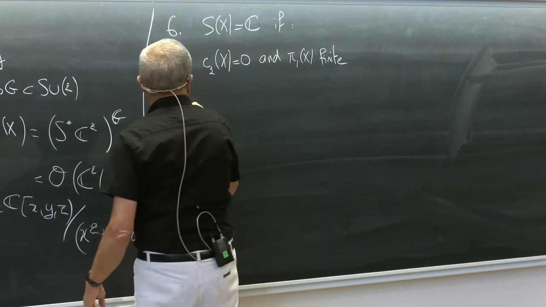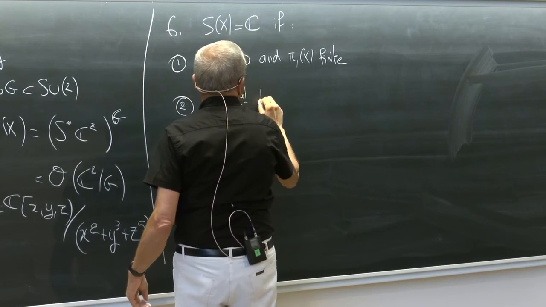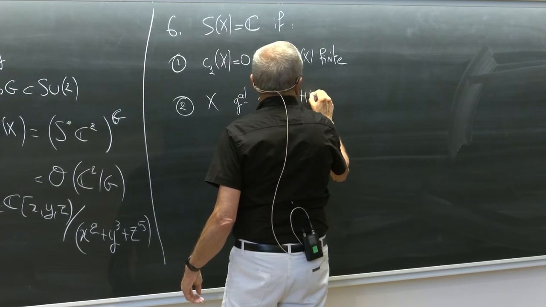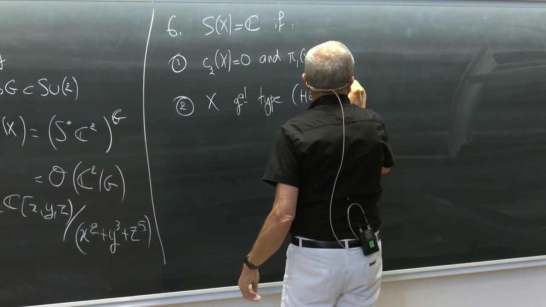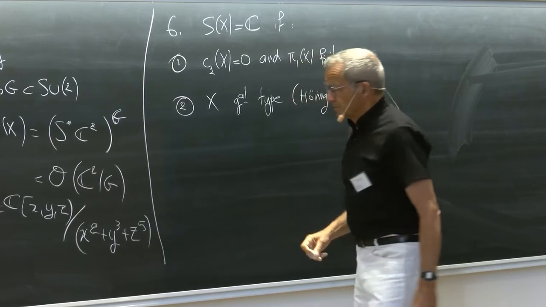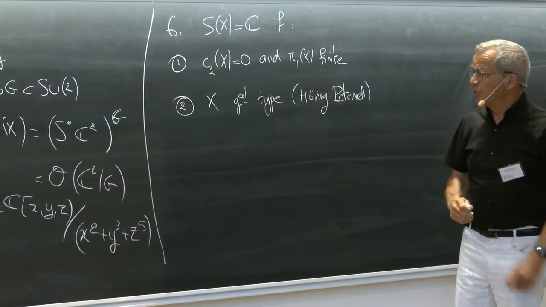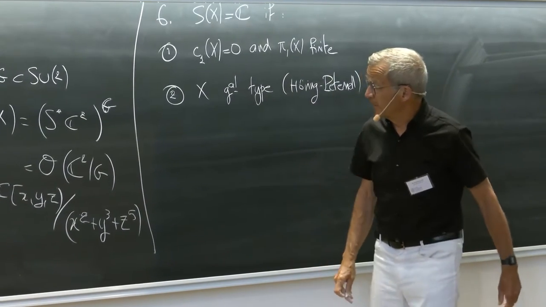Second, X of general type. I think it's due to a paper of Kobayashi. I think the case where K is trivial follows from Yau's theorem, but general type is more subtle.